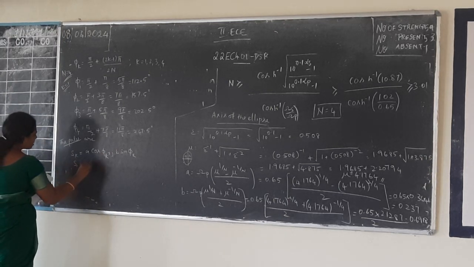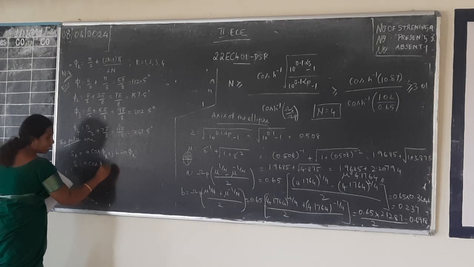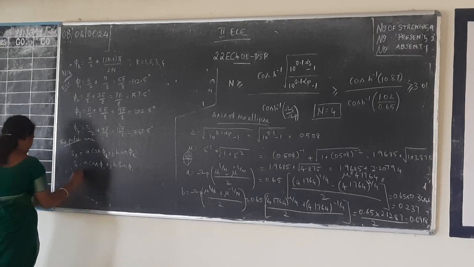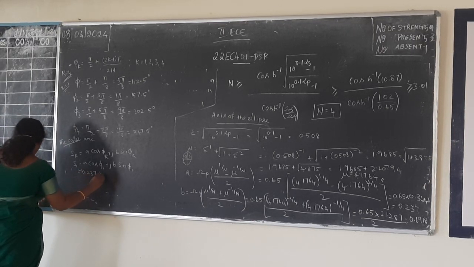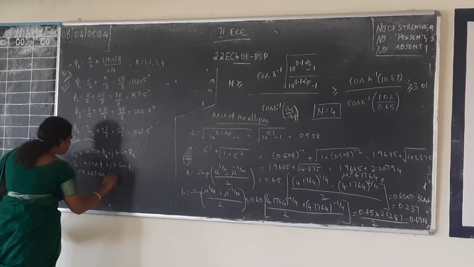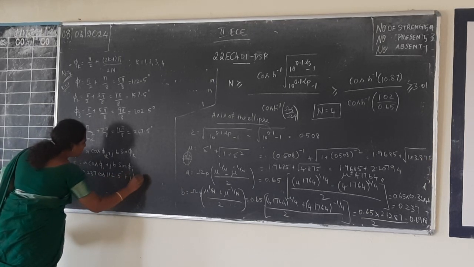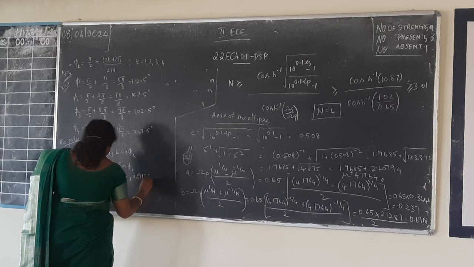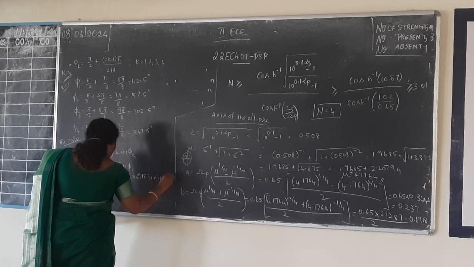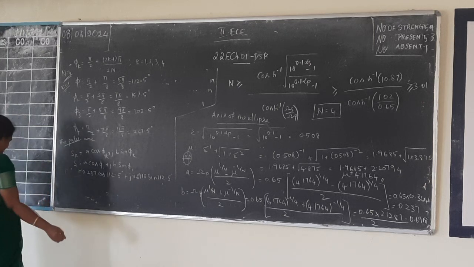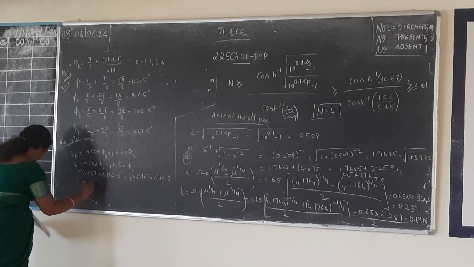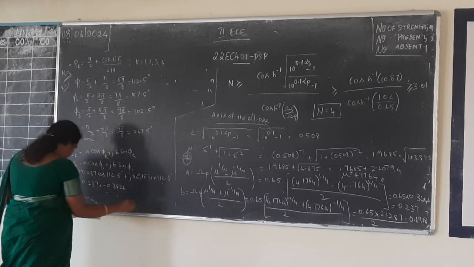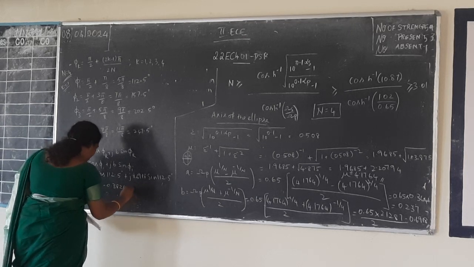S1 is a cos phi 1 plus j b sin phi 1. Substitute these values. We have the a value as 0.237 and cos of 112.5 degrees plus j into b. B value is 0.6918 sin 112.5 degrees. So in degree mode the answer is 0.237 into minus 0.3826 plus j 0.6918 into 0.9239.